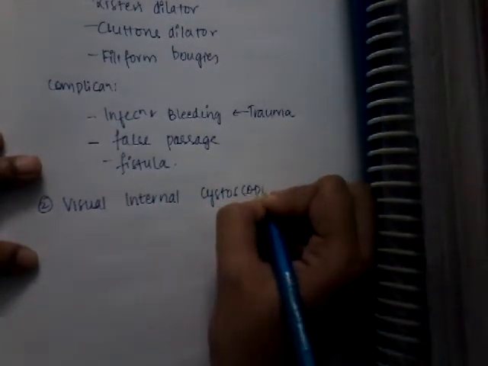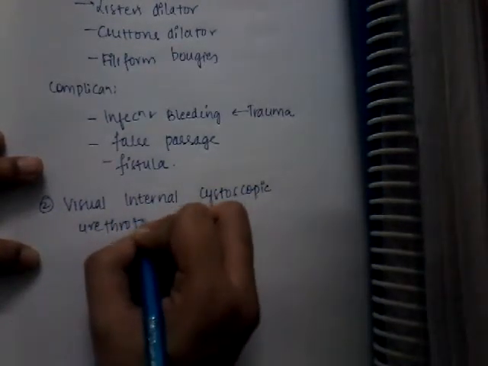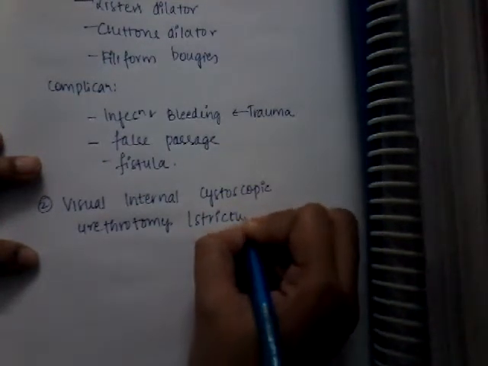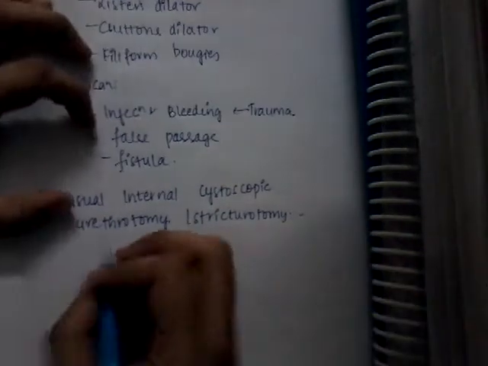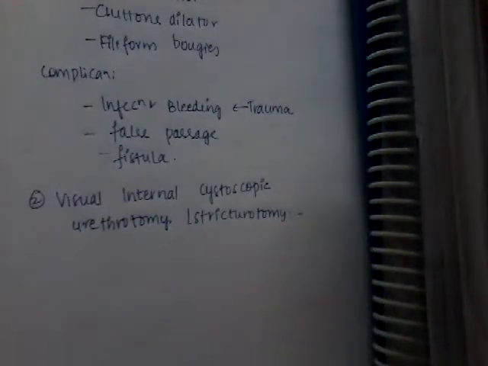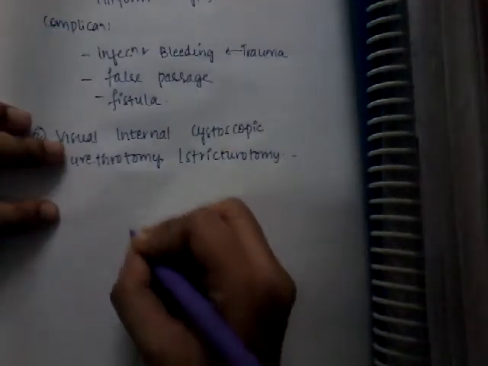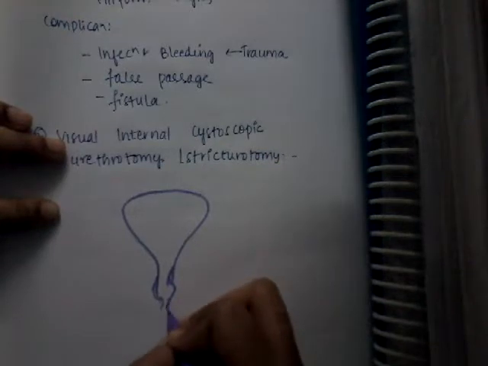And then the second treatment which can be given is visual internal cystoscopic urethrotomy or stricturotomy. So here first we use a cystoscope. So this is the bladder and then prostate.